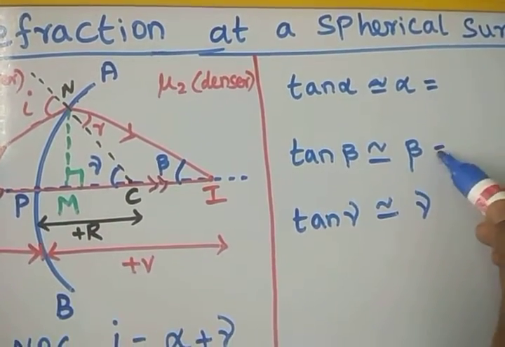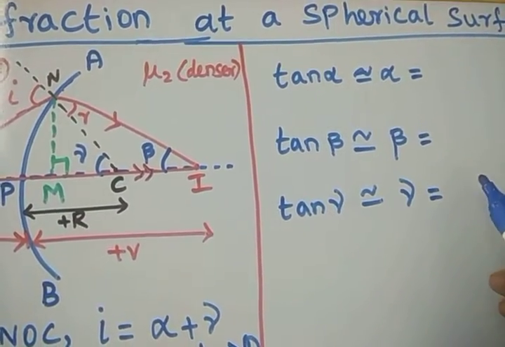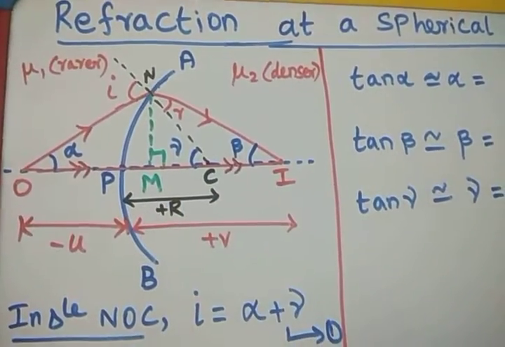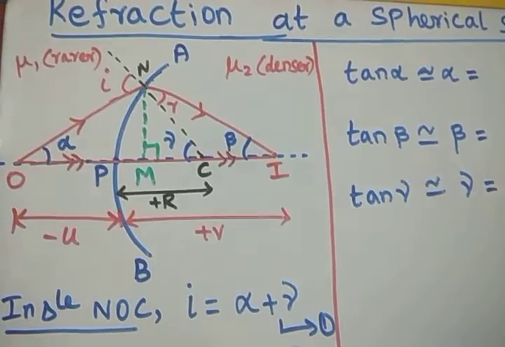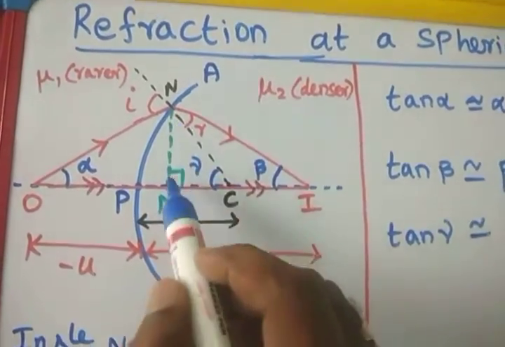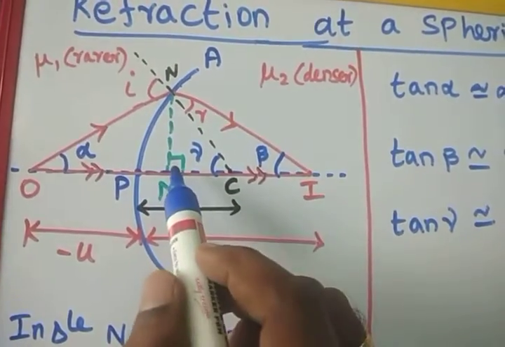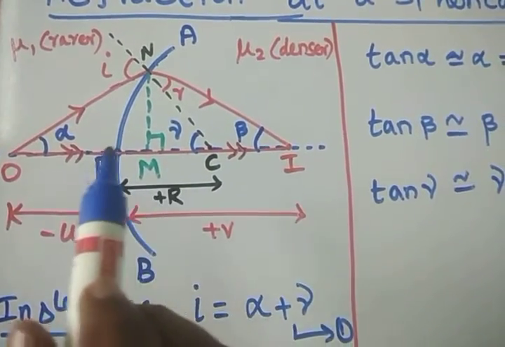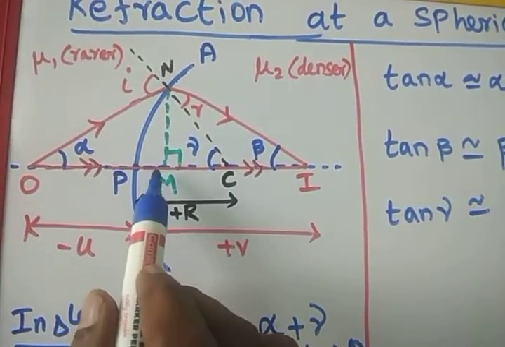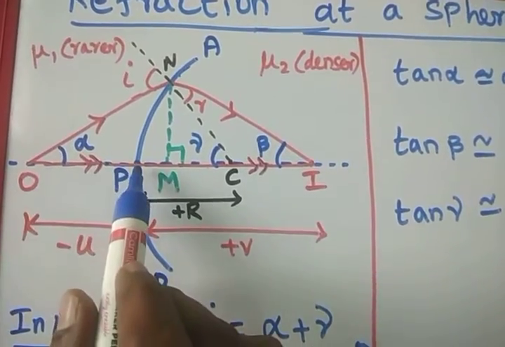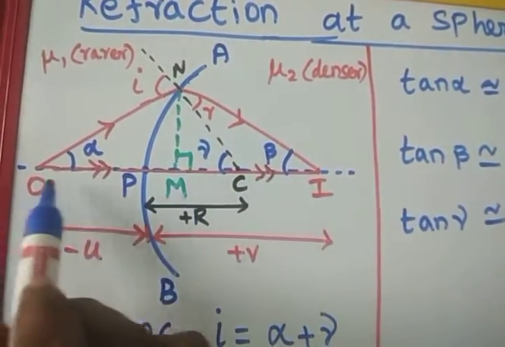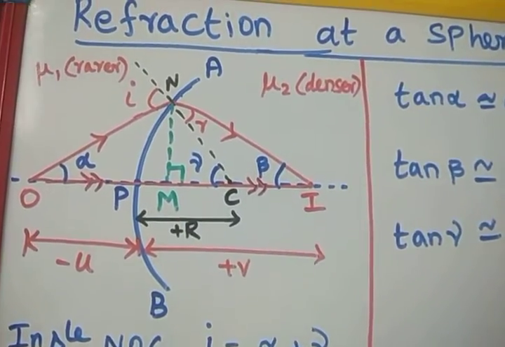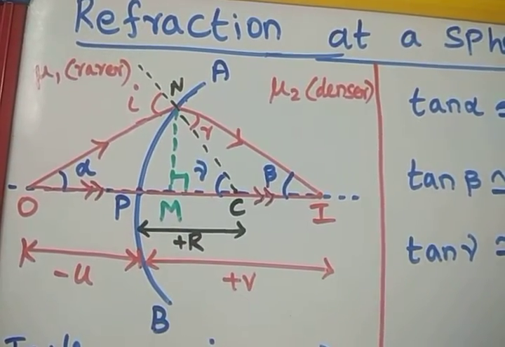What is tan theta? It is the opposite side by the adjacent. In the triangle, we take this green perpendicular line, so NM by OM.